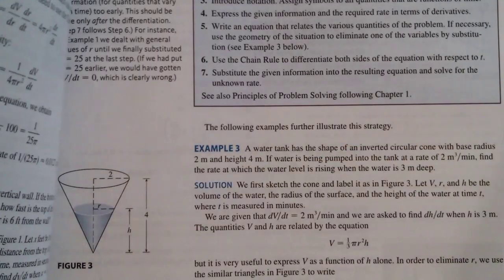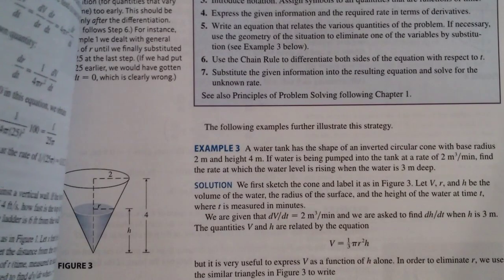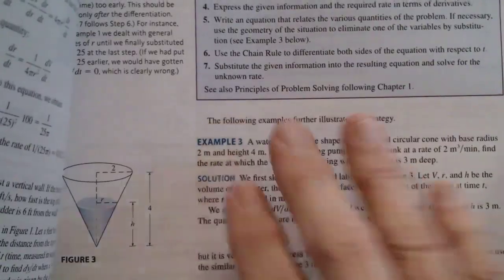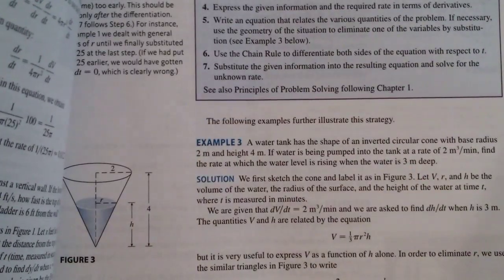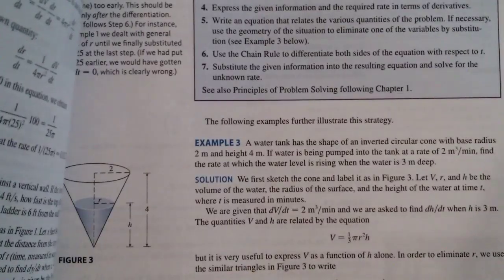Because this tank gets wider as you get closer to the top, so the water rising slows down. But without this formula, I'd be at a complete loss on how to do this problem. I'm not going to go through this one. It requires you to use some geometry pieces to get it right. You should absolutely read this problem carefully.